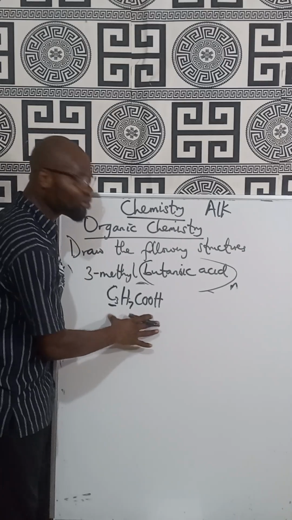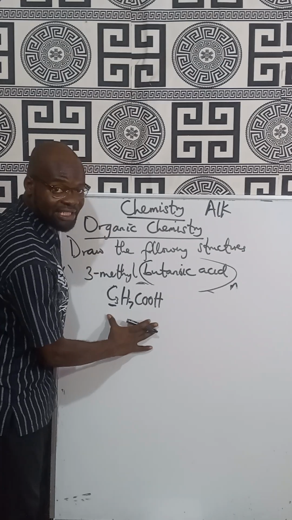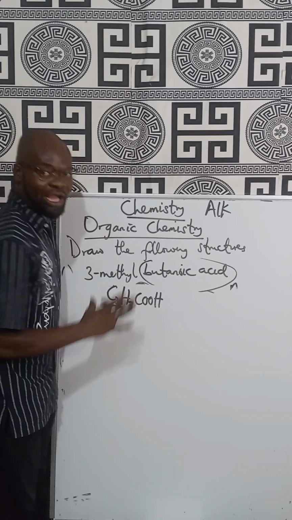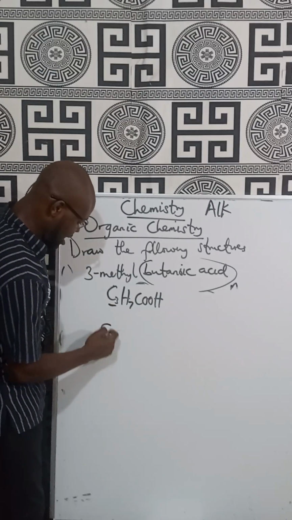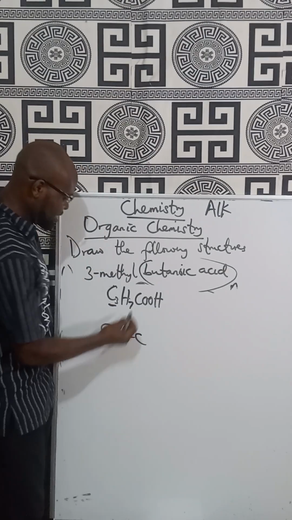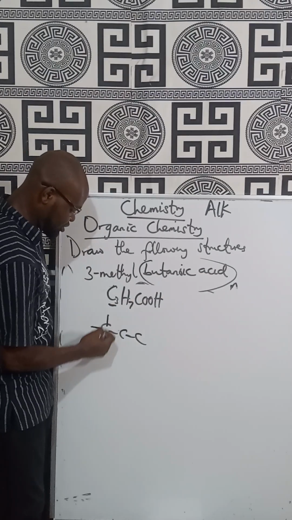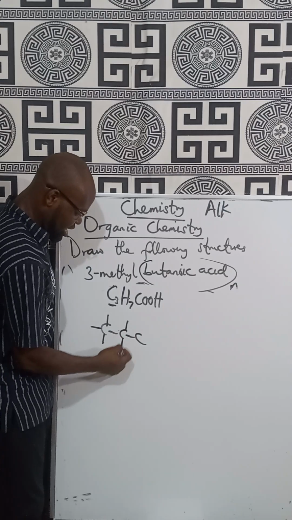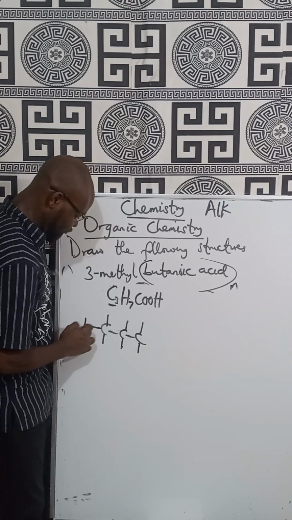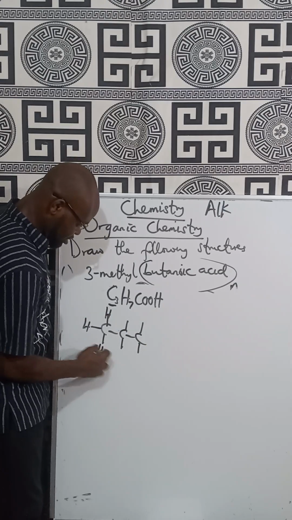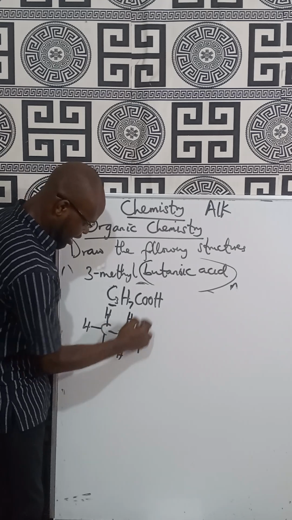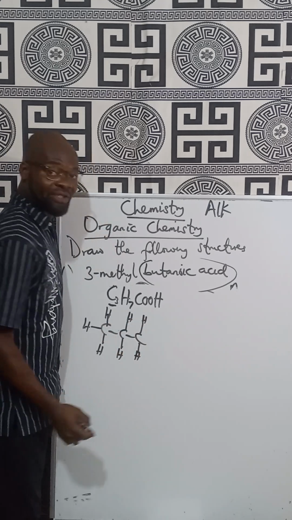So now let us draw the structure of this butanoic acid. Let's see. C3, 1, 2, 3. Then H7: H1, H2, H3, H4, H5, H6, H7.